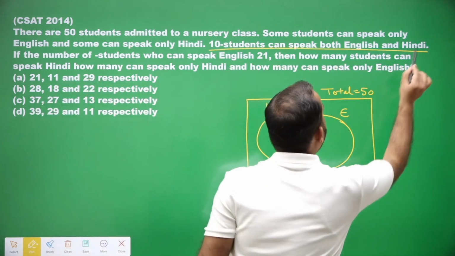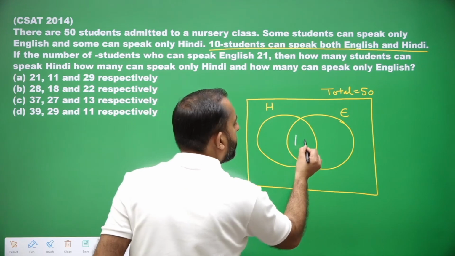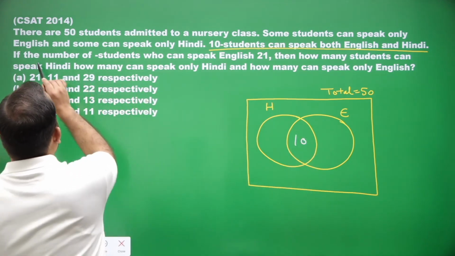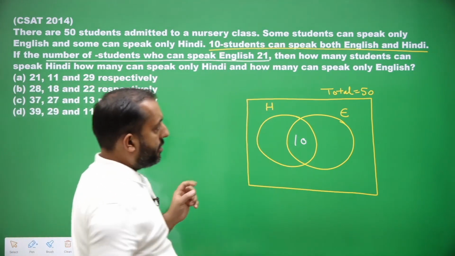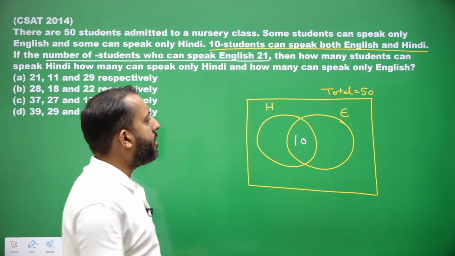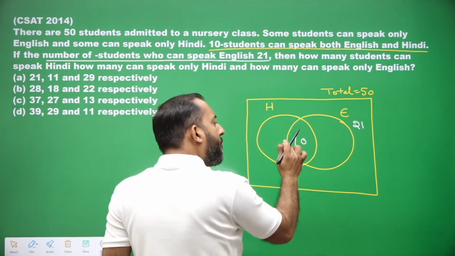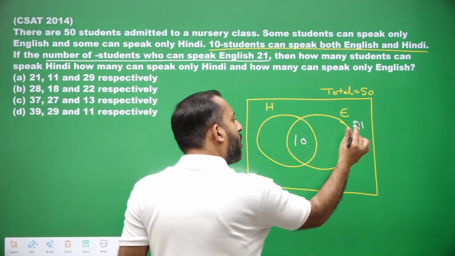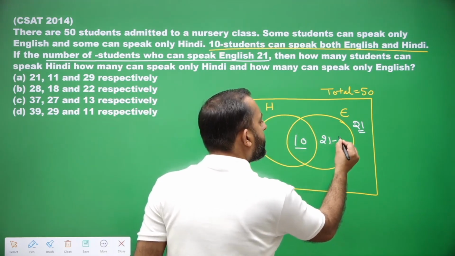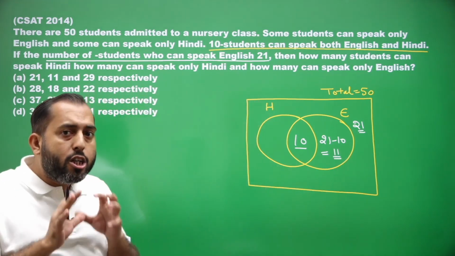Both English and Hindi means the value of this intersection of circles is 10. And the number of students who can speak English, it is English here, not only English, so the value of the complete circle of English is 21. Out of 21, 10 can speak Hindi also. So 21 minus 10, 11 people can speak English only.